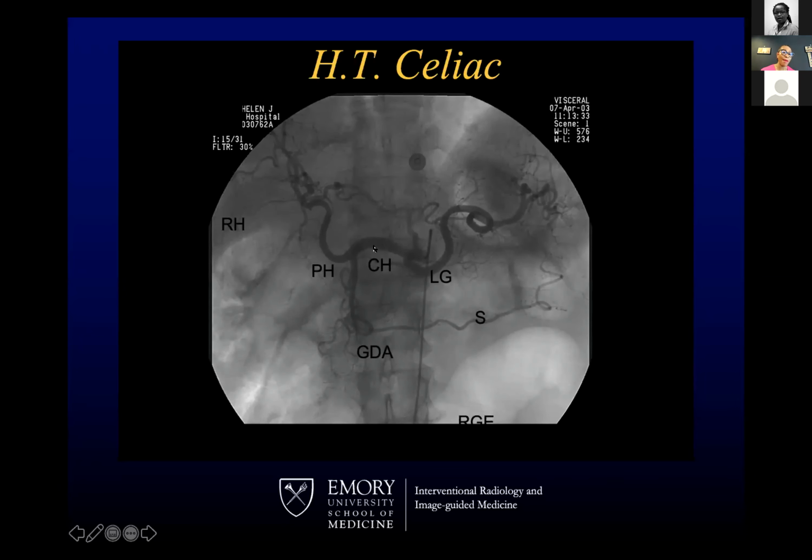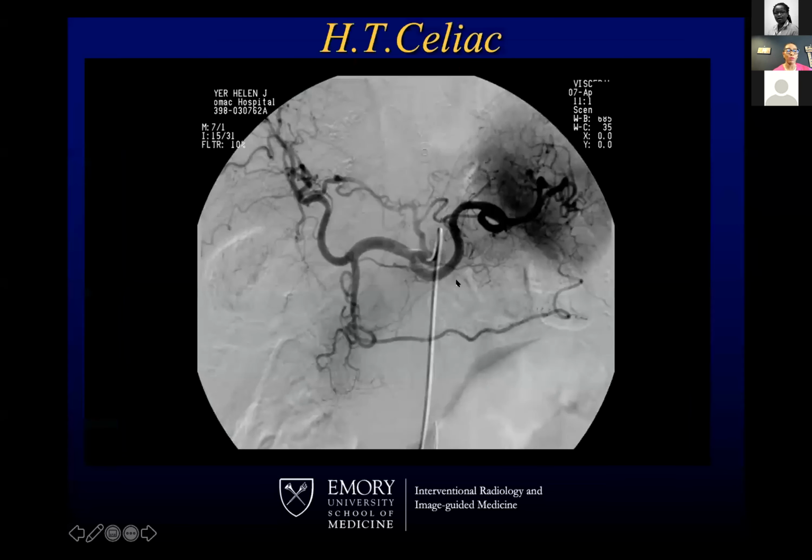You can see the common hepatic artery, CH, the gastroduodenal artery. After the gastroduodenal artery comes off, then you will have the proper hepatic artery that then gives the right and left hepatic artery. This S belonged up here, and this should be the right gastroepiploic artery. That's just a problem with movement.